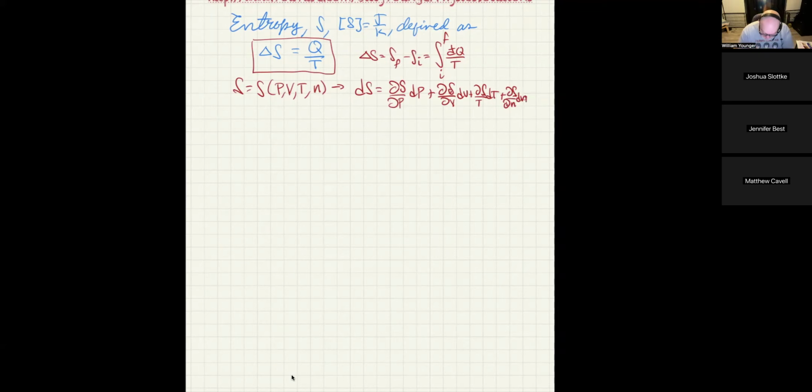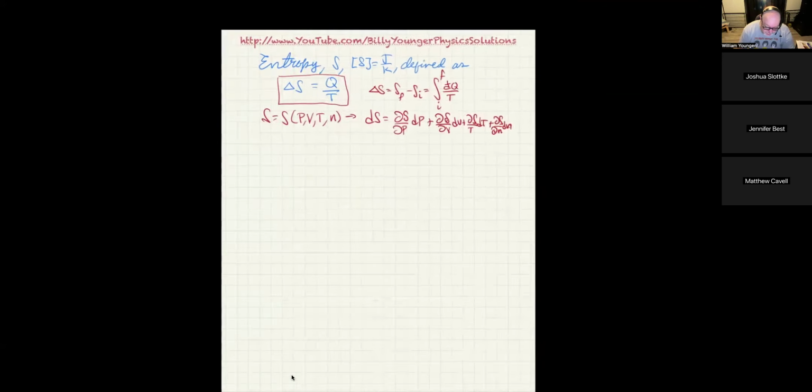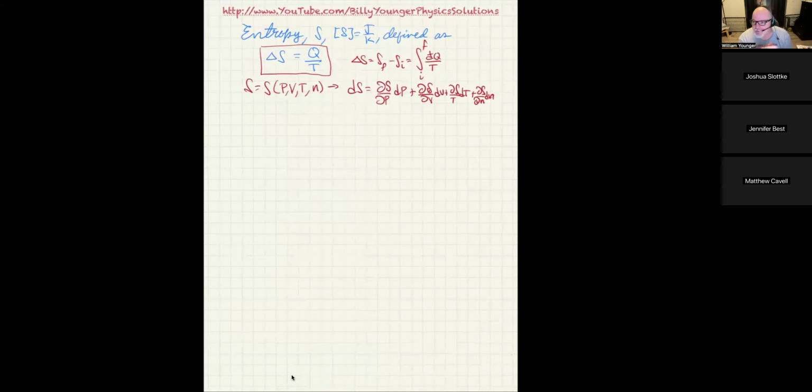But the most important part about that being a state variable is when you handle a more robust treatment of entropy. If you have an initial state and a final state that you need to go to, then since entropy is a state variable, all it takes to calculate the change in entropy from that initial state to that final state is any path that you can find that gets you from initial state A to final state B. Whether it's the real path or not doesn't matter at all, including even perfectly reversible ones.